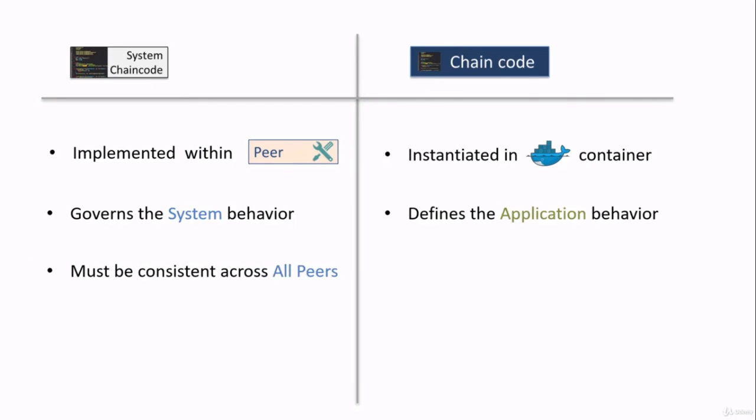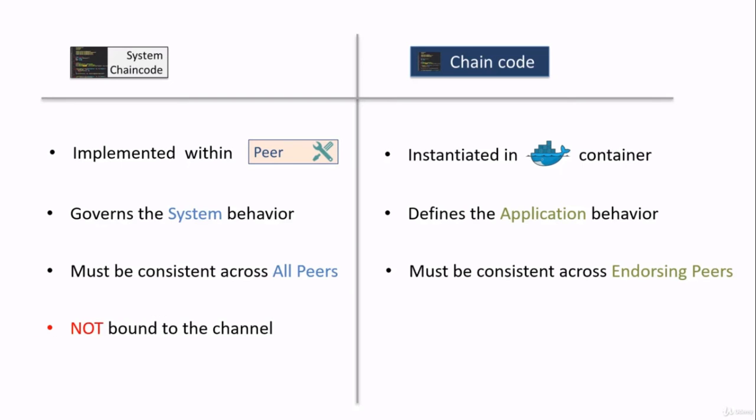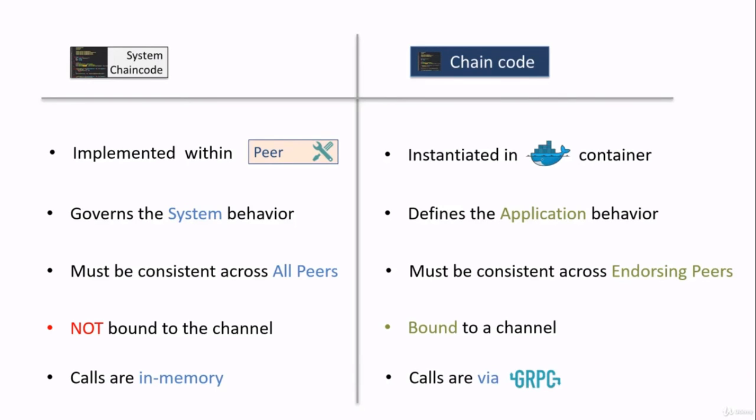System chain code must be consistent across all peers, and the application chain code must be consistent across all endorsing peers. System chain code is not bound to any channel, whereas the application chain code is bound to a specific channel. System chain code calls are in-memory calls, whereas the application chain code calls are via the gRPC.